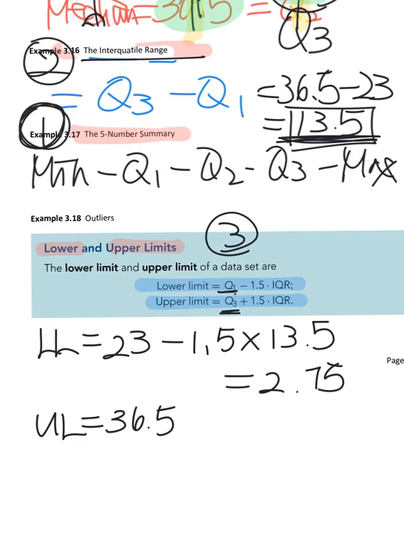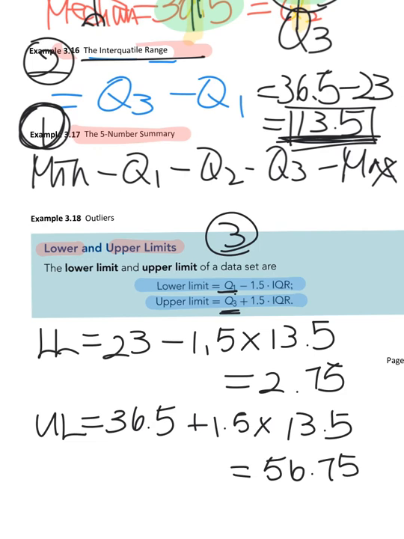But now for the upper limit, we have to take addition. 1.5 times the interquartile range again, 13.5 again. So how much will be the upper limit? 56.75. Thank you. Lower limit 2.75. Upper limit 56.75. Step number 3.